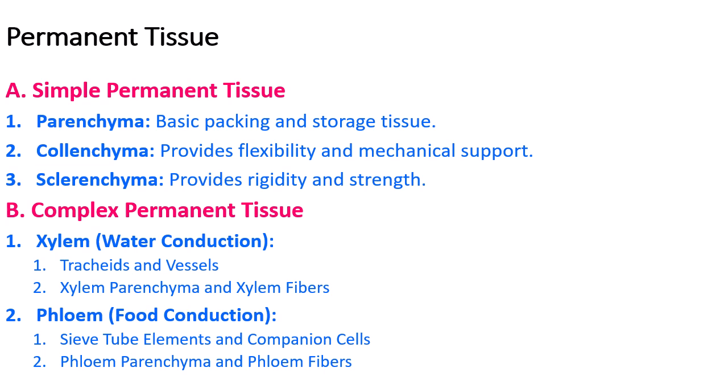Permanent tissues include simple permanent tissues, that is one type, and complex permanent tissues, that is another type. Actually, simple permanent tissues are called simple because they are made up of single type of cell.